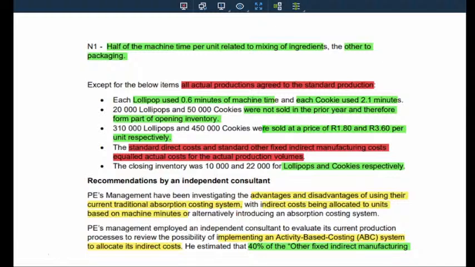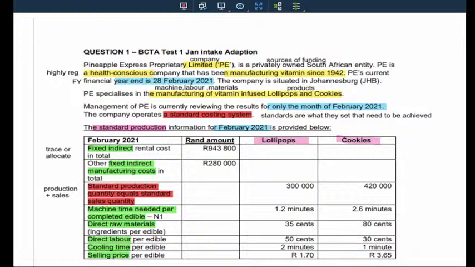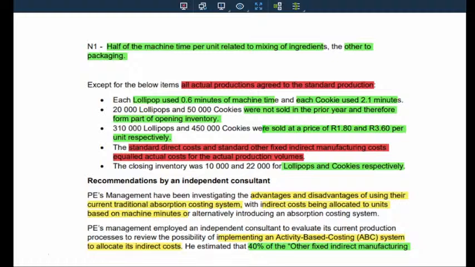They tell you in the note, this was for the machine time needed per completed edible, that half the time per unit is related to the mixing and the other half to packaging. We don't know what it's for, but we need to take note of it, right? Then they tell you, except for the items below, all actual production agreed to standard production. So do you agree that we met our standards, but there were some exceptions?